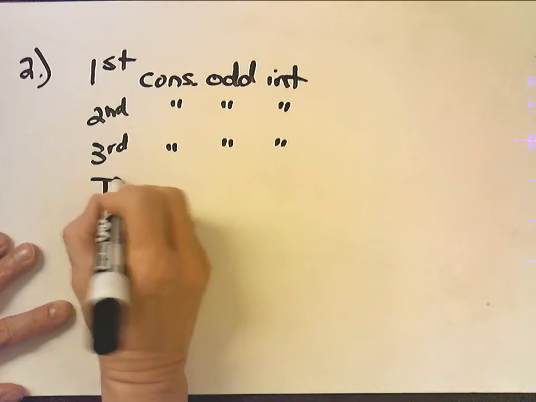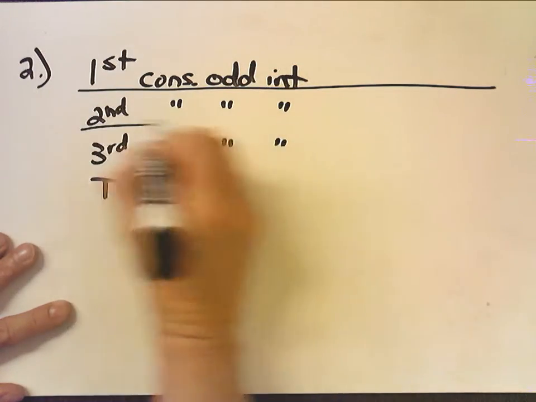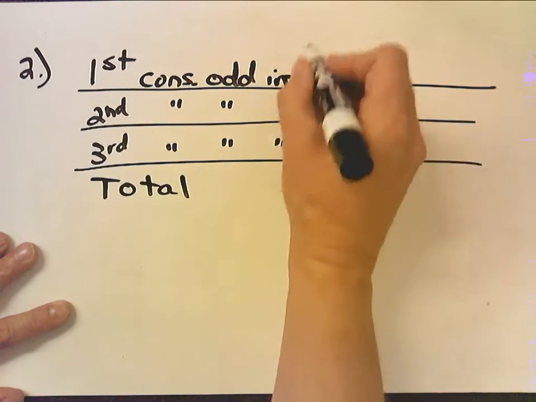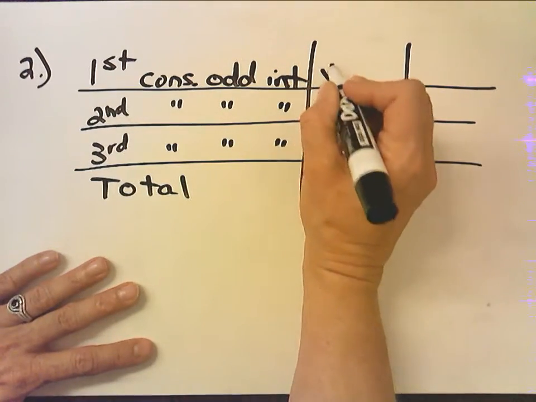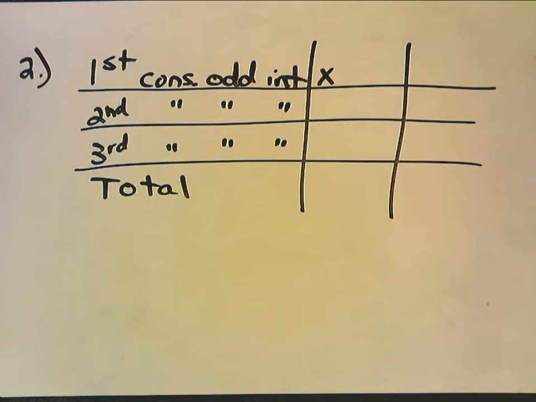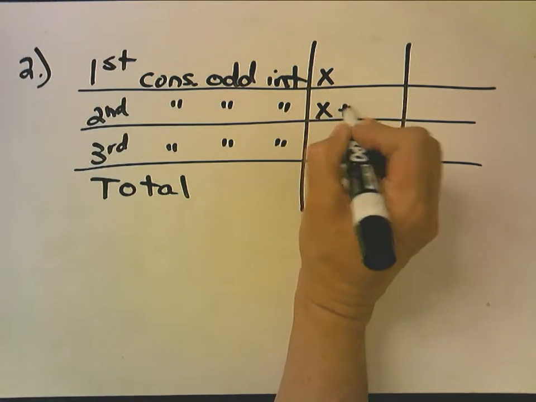And they talk about the sum, so I know I'm going to have a total of all of my integers. If my first consecutive odd integer is x, because I don't know what it is, I'll call it x, my next consecutive odd integer would be x plus 2.